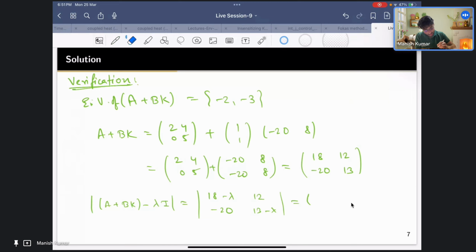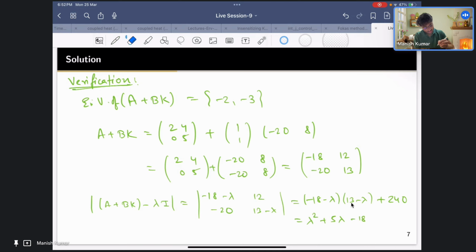So this is nothing but 18 minus lambda times 13 minus lambda, and then plus 240. Oh, it is minus 18, correct, thanks. Now if I multiply, I'll get lambda square, then minus 13 lambda, and minus 18 lambda.